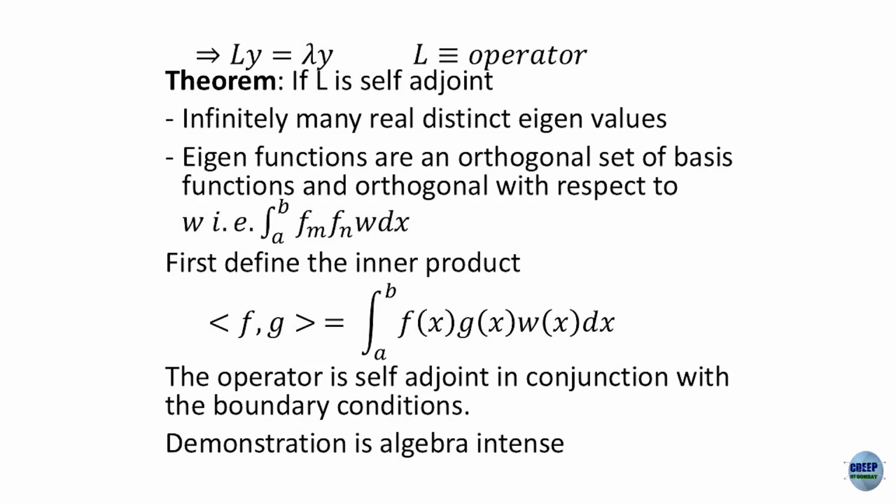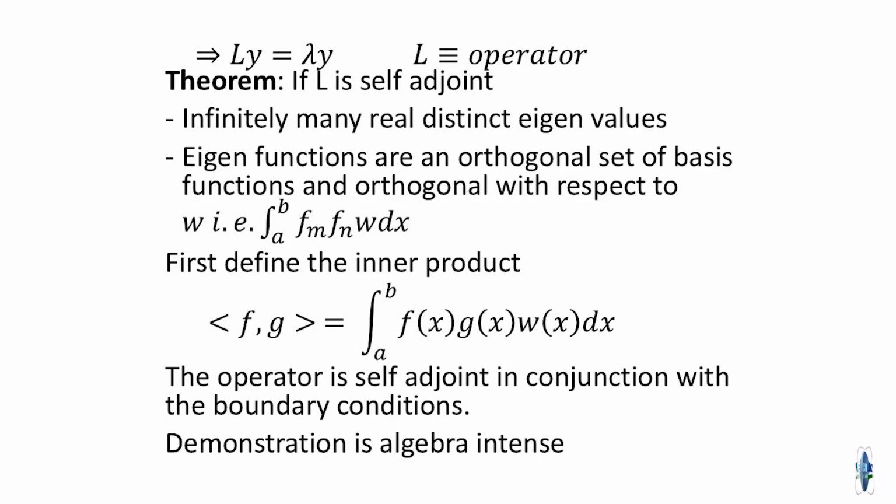But here there is a small problem. The orthogonality is with respect to that weight function w. The weight function can be equal to unity, which it is when we talk about sines and cosines. But later today we are going to look at an example where the weight function is not 1, and you need to be careful when you are talking about the orthogonality.